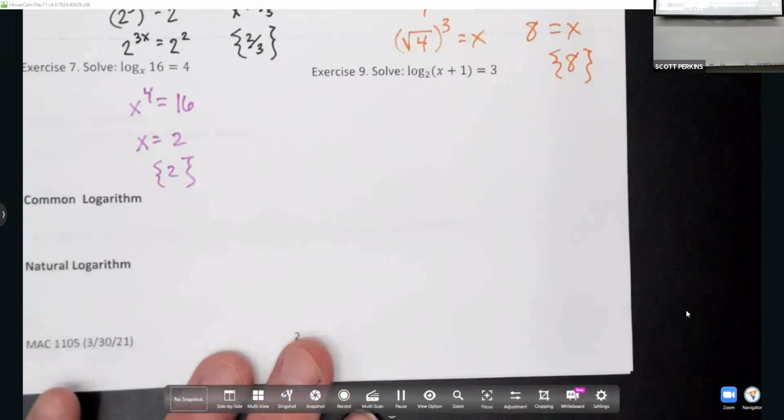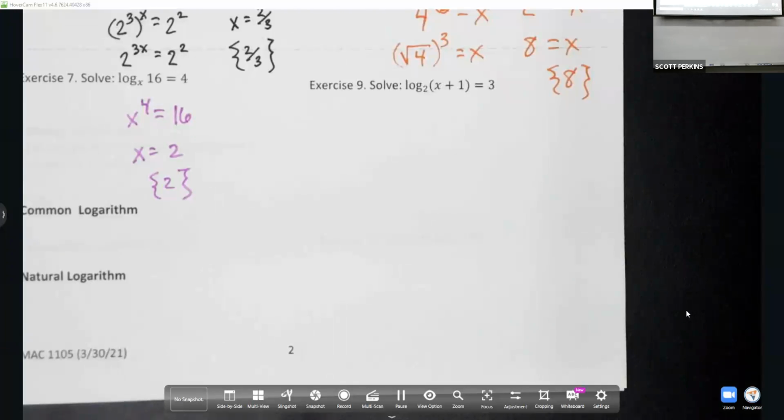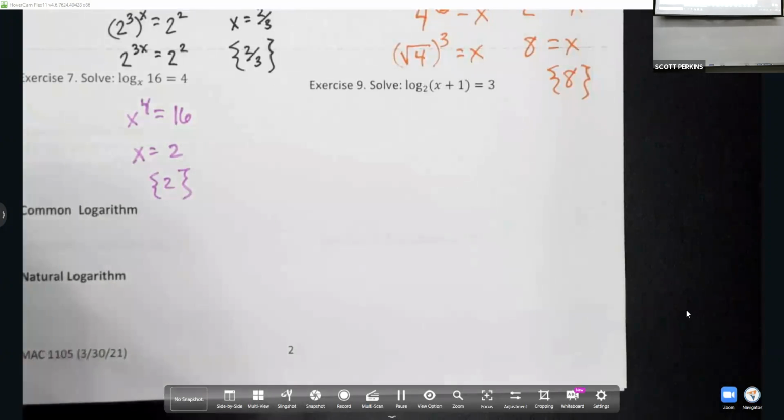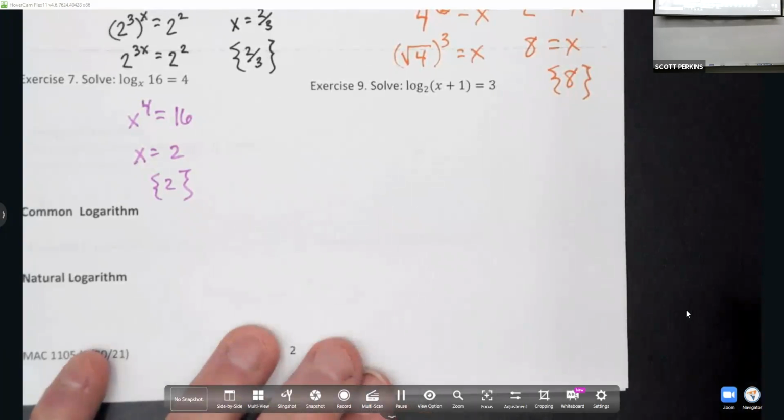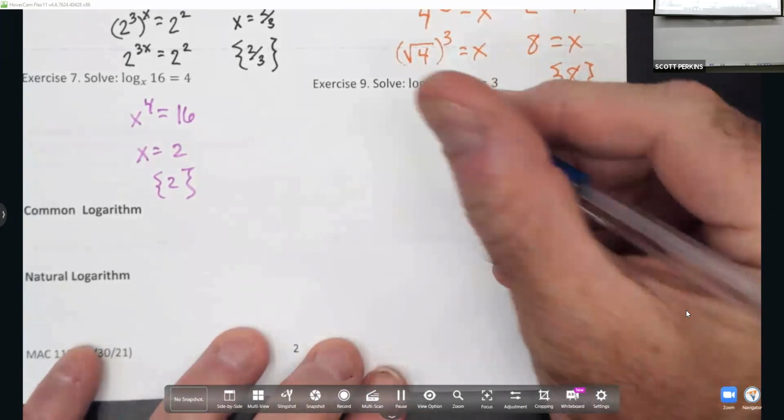All right, one more of these. Exercise 9. All right, the base of this is 2.